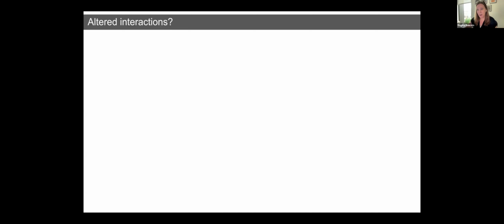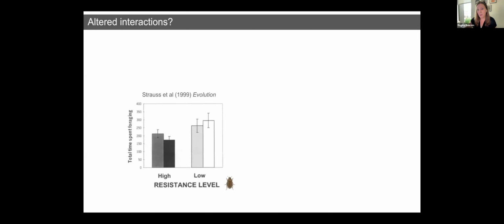So we're asking, are there altered interactions associated with the evolution of glyphosate resistance? This is not the first time that someone has been interested in the concept of changed interactions with the community, given the evolution of resistance. So Sharon Strauss in 1999 in Evolution published a paper on a weedy plant, on Raphanus.